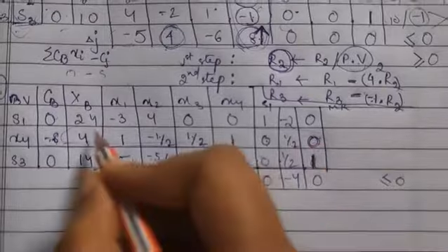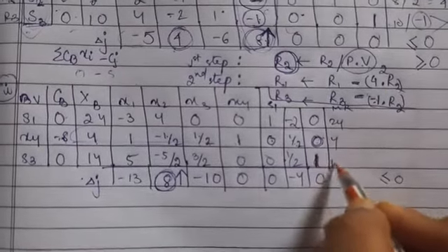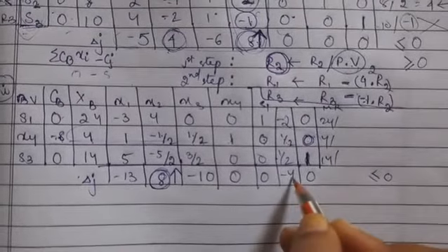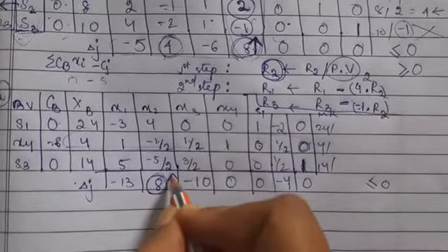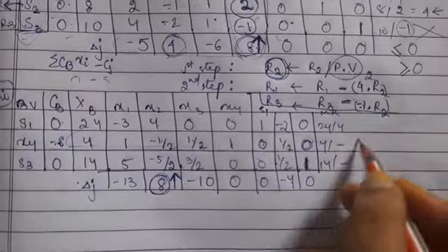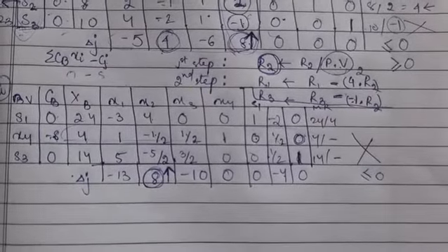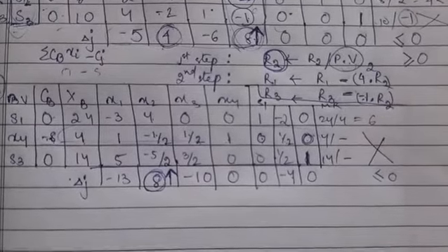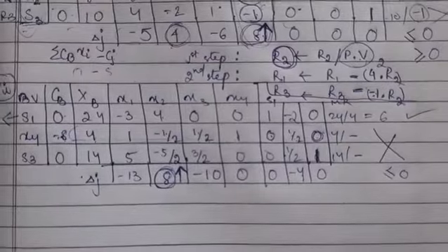Minimum ratio is 24, 4, 14 divided by the coefficients of this, that is 4. This is negative, this is negative. We do not consider the negatives and equal to 0. So rejected, and this is equal to 6. So this is the minimum, so S1 is the leaving variable.